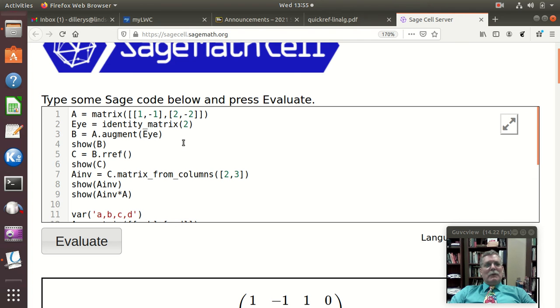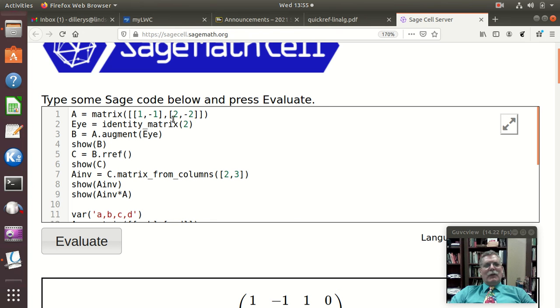So there we go. That's working with this idea of row reduction and inverses. It's pretty straightforward. We knew how to do the reduced row echelon form. Now again, with this matrix up here and then the identity, I didn't have to do it with augment.